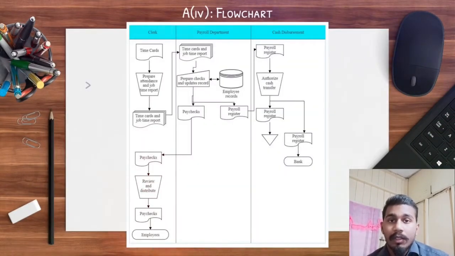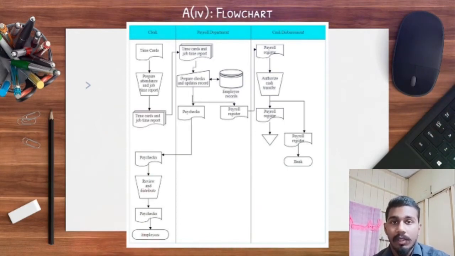Then the next is the flow chart. For the flow chart, just now we saw the data flow diagram, where from one entity the information flows through until the final file. In this one, the information from some document flows through until it reaches the entities.